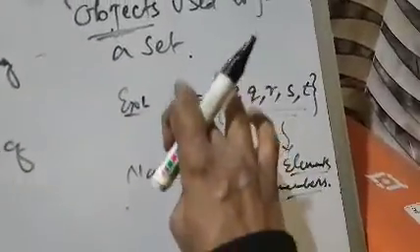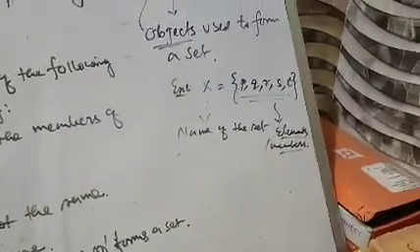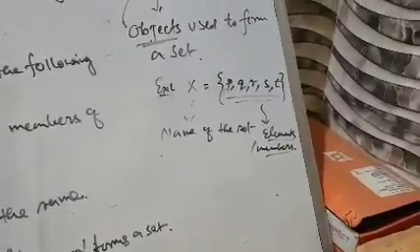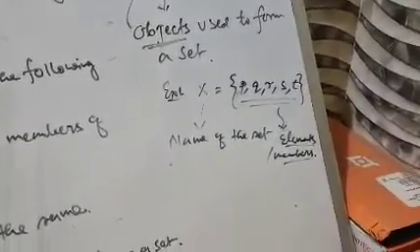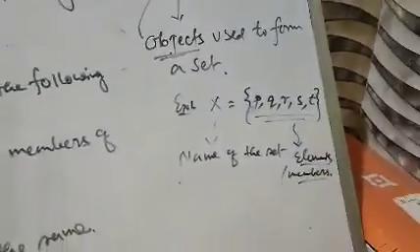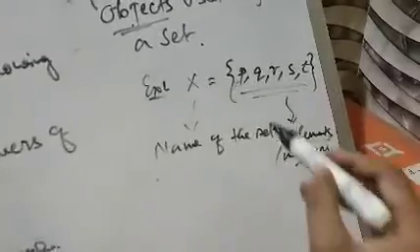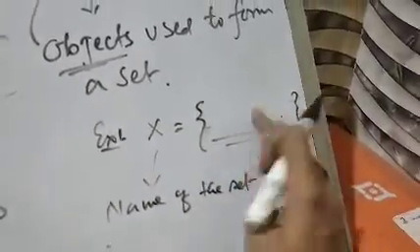Also you can replace A. Suppose you have given the name X. Therefore the set is set X. We can name a set by anything. That is our choice. So this is the name of the set, and they are the elements or members of the set. Right. Now suppose this P, Q, R, S, T, they are five alphabets. We can also replace these alphabets by numbers.